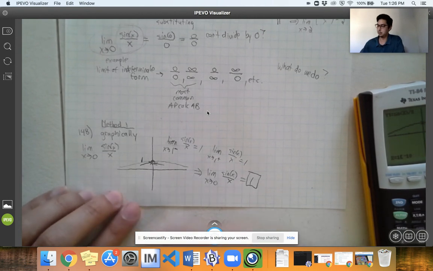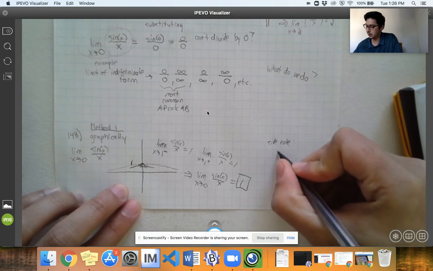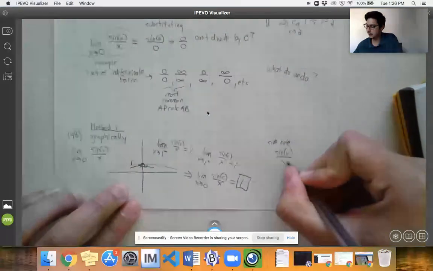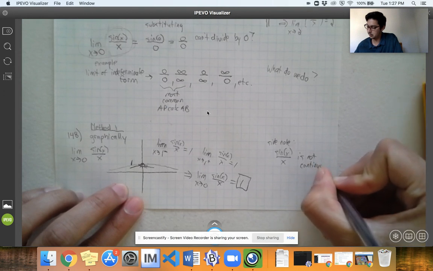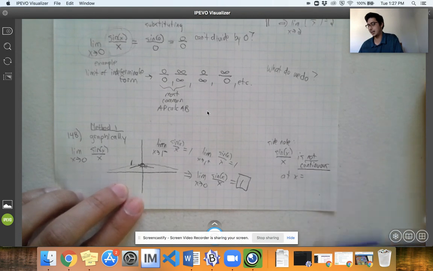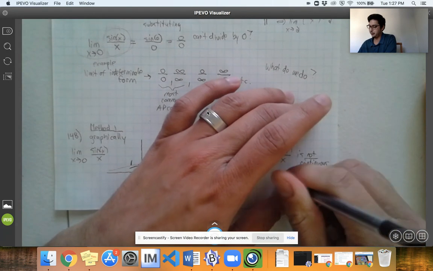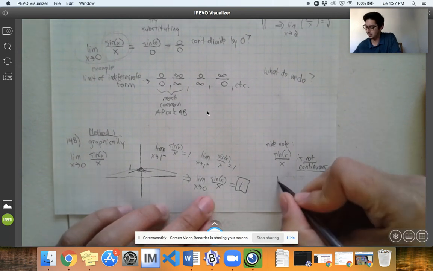Now do note, as a side note, that this function, sine of x over x, is not continuous at x equals 0.